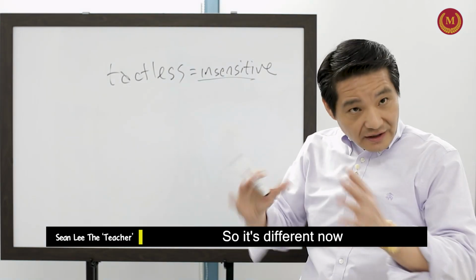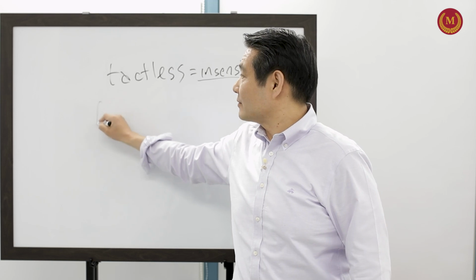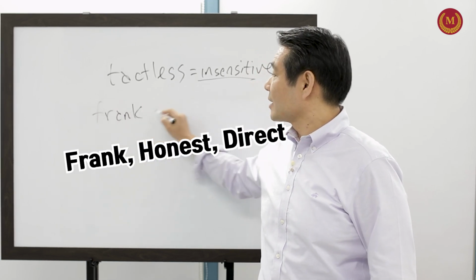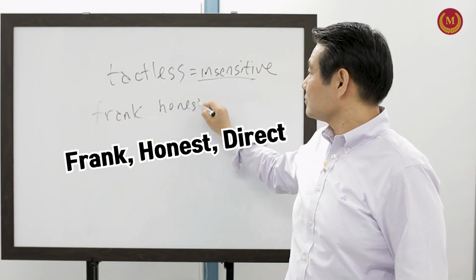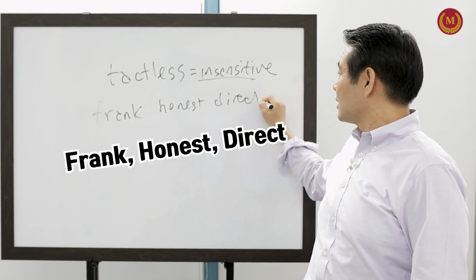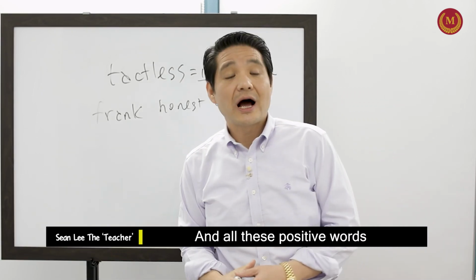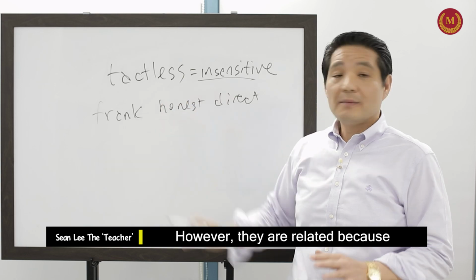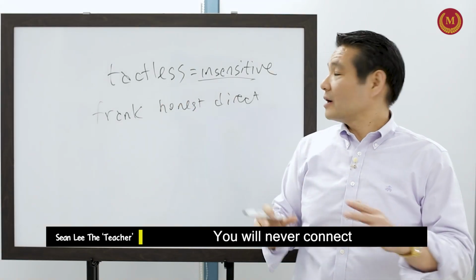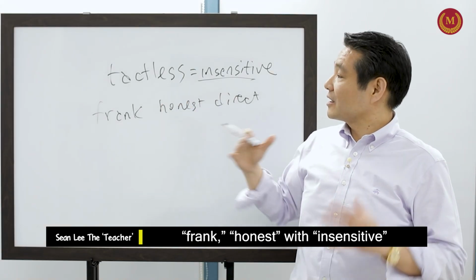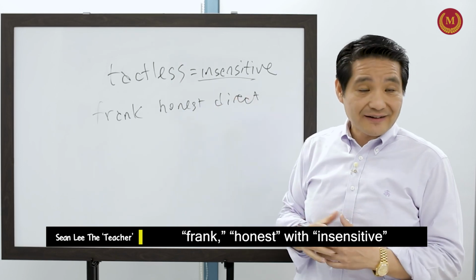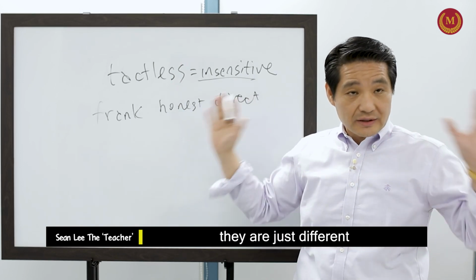So it's different now in the sense that we have frank, honest, direct, and all these positive words, right? However, they are related because you will never connect frank, honest with insensitive, right? They're also two different words and they're just different, right?